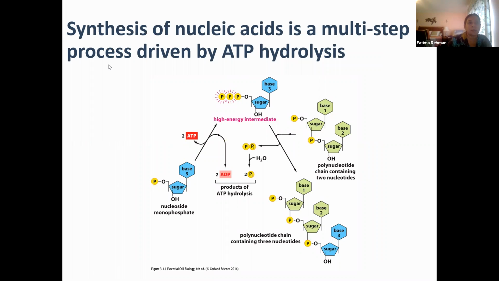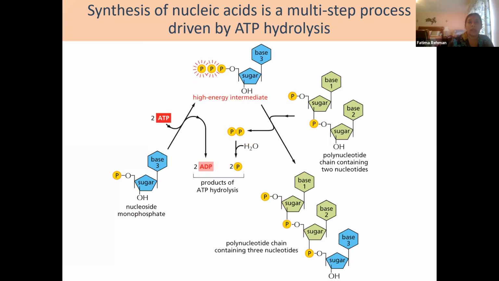So this is something that we've seen in synthesis of nucleic acids, as well as when we made RNA molecules, when we were transcribing and translating DNA, that these required that pyrophosphate, not just a monophosphate, but a pyrophosphate from the ATP. And that pyrophosphate was then used to fuel the extension of those DNA and mRNA chains.